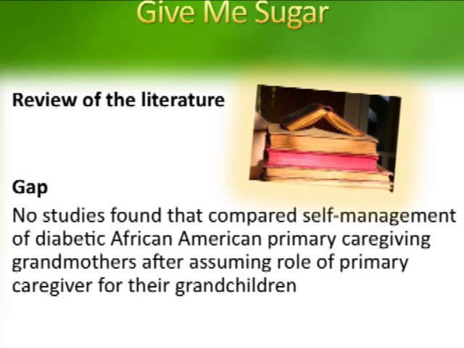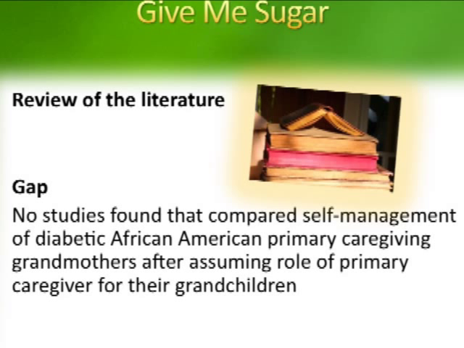Caregiving of grandchildren is an increased risk for physical and mental health of these African American women and can negatively affect self-care activities when it comes to diabetes. And if the self-care is inadequate, medical care may be ineffective. Finally, African Americans with primary caregiving may have difficulty balancing caregiving and self-care.